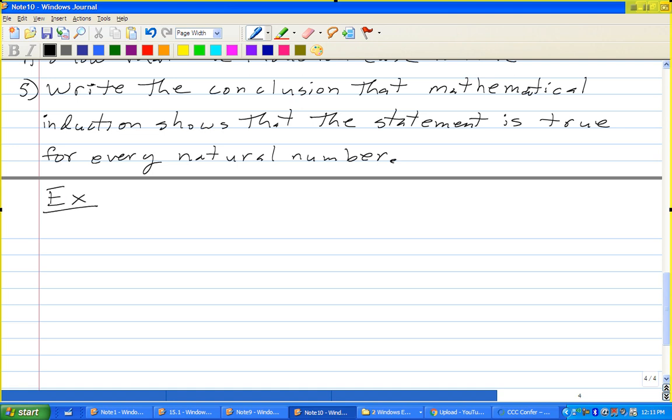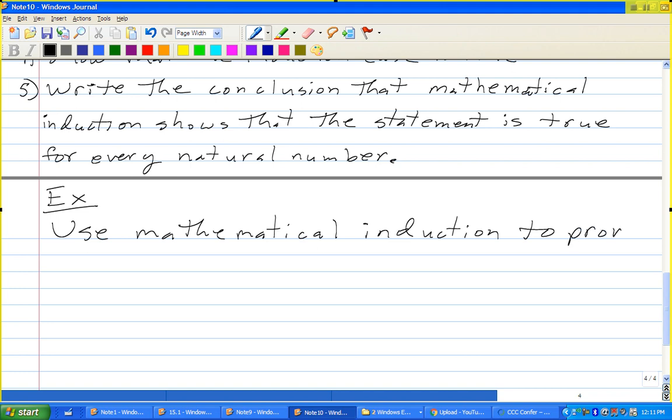Okay. Example. Use mathematical induction to show, to prove that 1 plus 2 plus 3 plus... No, let's do this. 1 plus 2 plus 3 plus n.